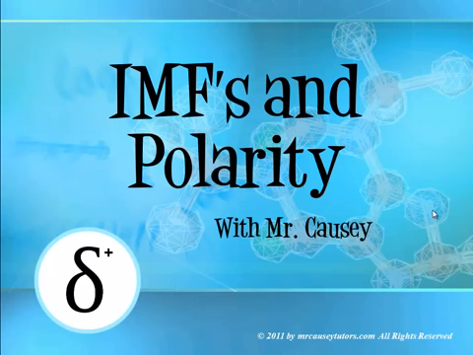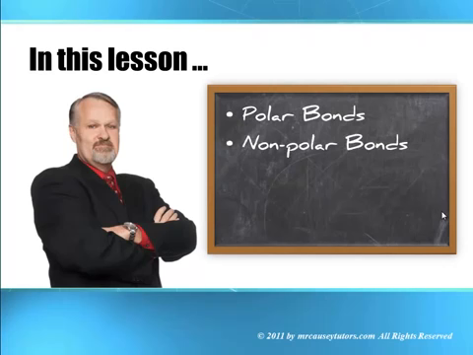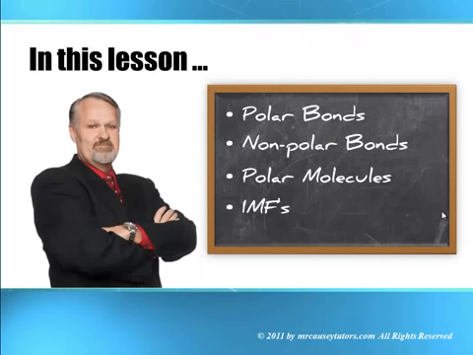This one is on IMFs and polarity. That's intermolecular forces and polarity. So, get your periodic table and let's get started. In this lesson, you will learn about polar bonds, nonpolar bonds, polar molecules, and IMFs, or intermolecular forces.